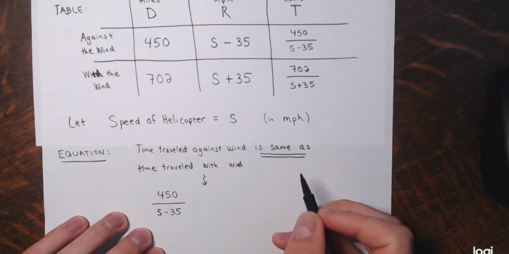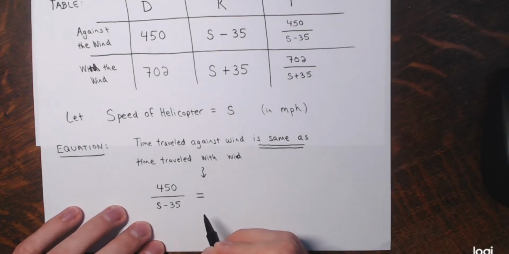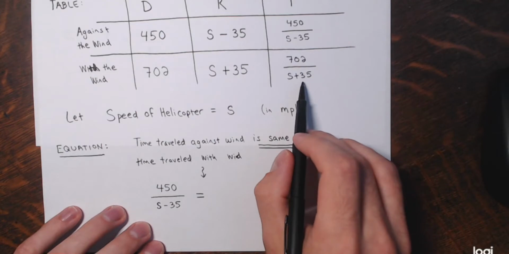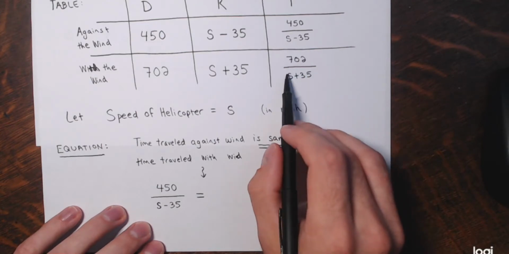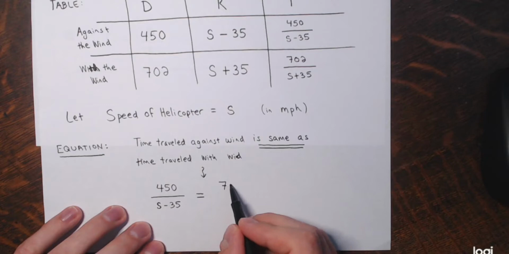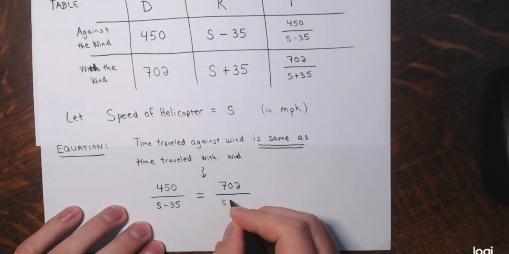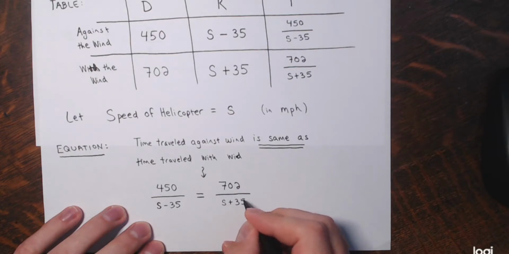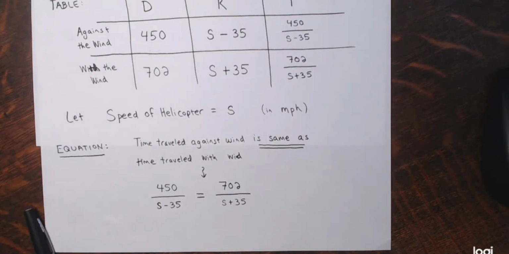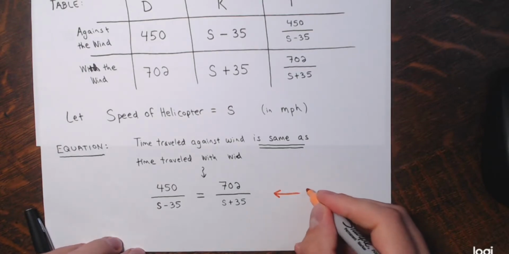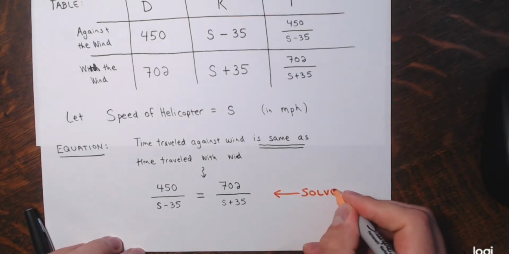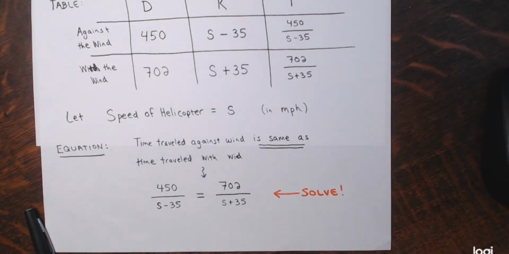The same amount of time, so is equal to the time traveled with the wind, which is this expression in my table, the 702 divided by s plus 35. Right, and then we're solving this equation. And of course, check your solutions and also make sure at the end that your solution makes sense with the problem being discussed, right? That it makes sense in real life.